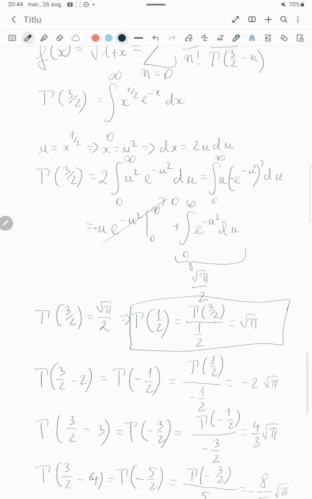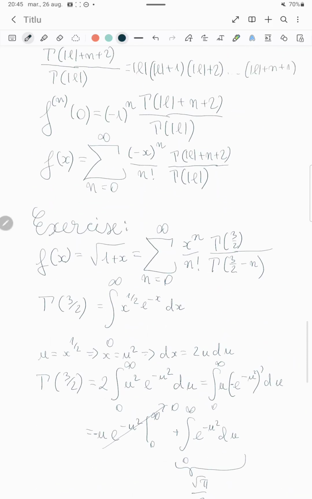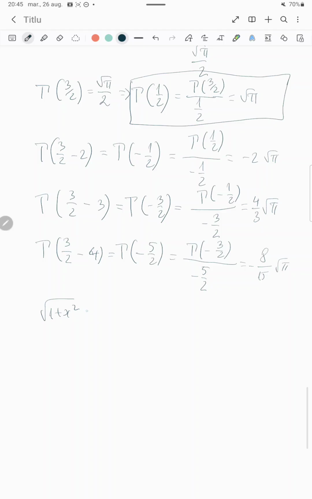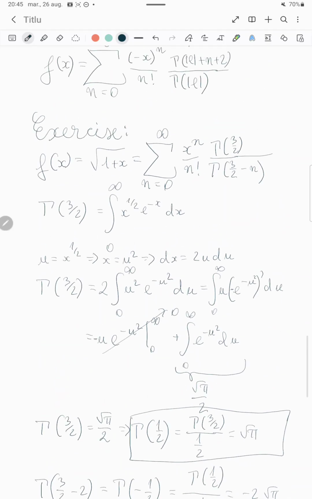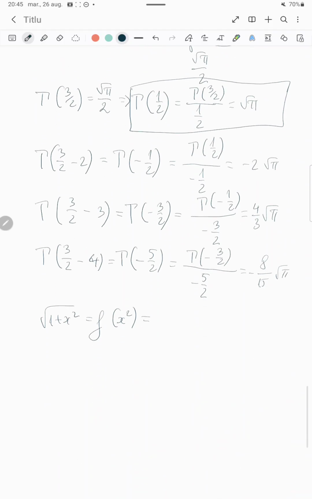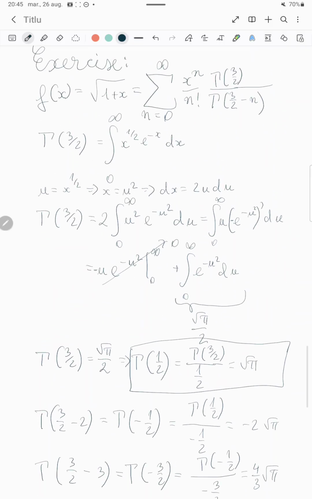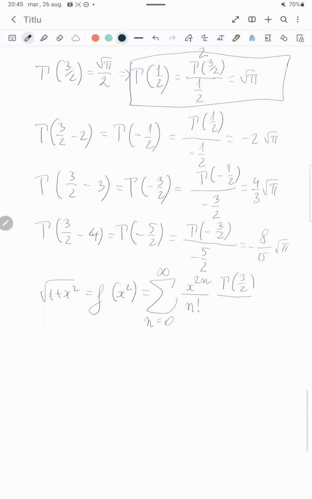Well, first off, we took as example this function, so one can say it's f of x squared, which replaced into this relationship can be written as the sum from n equals 0 to infinity of x to the 2n divided by n factorial times gamma of 3/2 over gamma of 3/2 minus n.